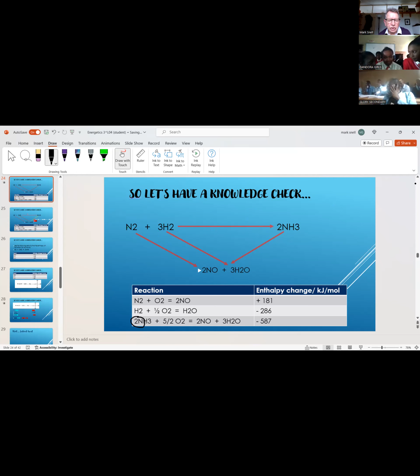I'm going to call these equation 1, equation 2, and equation 3. Equation 1, N2 plus O2 goes to 2NO. That's the same as this arrow here. That is positive 181. Equation 2 is hydrogen making water.